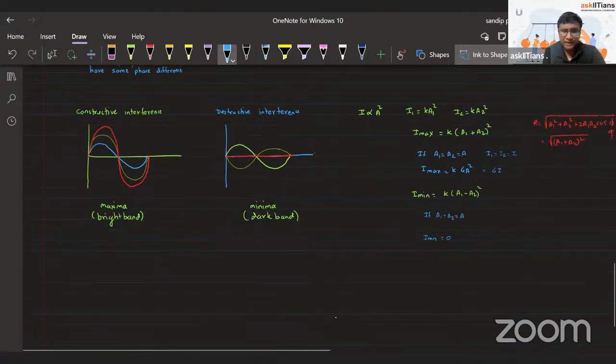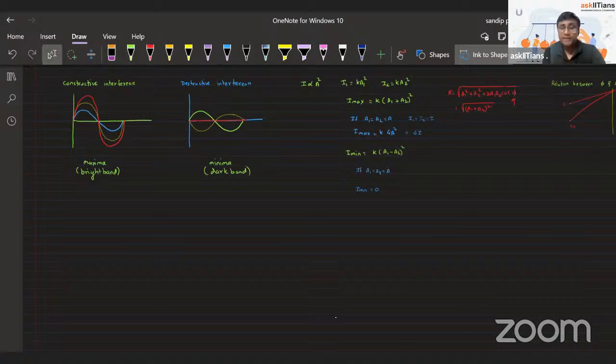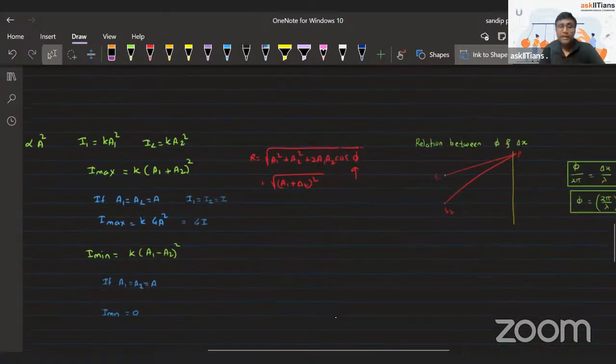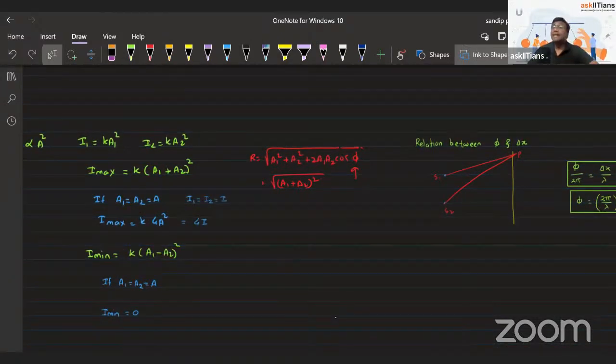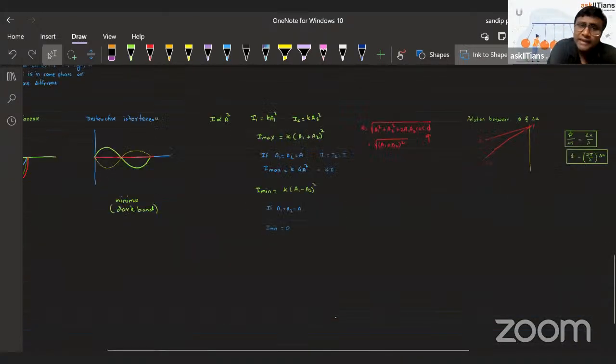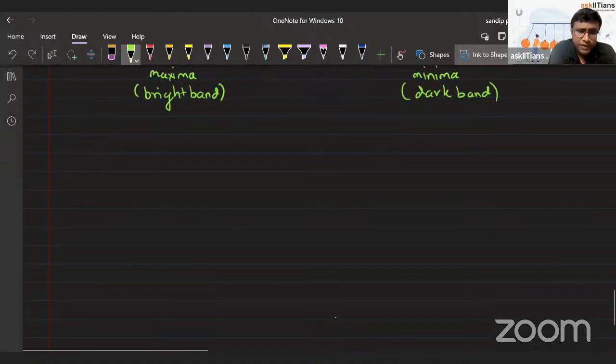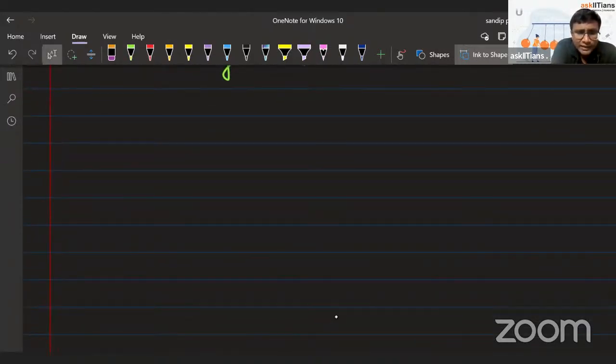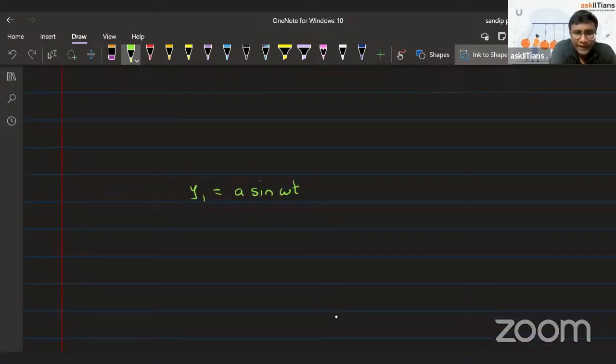Now let's try to understand, for constructive interference and destructive interference, what will be the values of delta x, that is path difference, for two waves. Now we know that these are the waves. So consider that one of the lights is a sine omega t, let's say, and then y2 I can say is b sine (omega t plus phi).